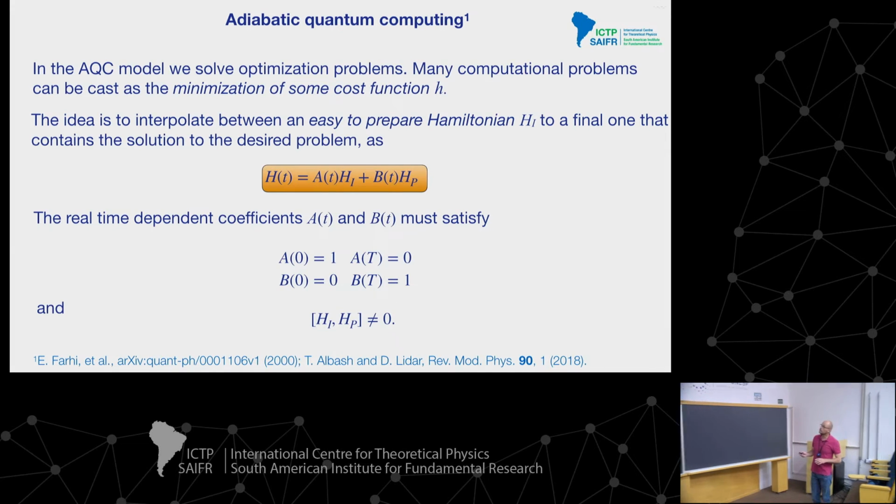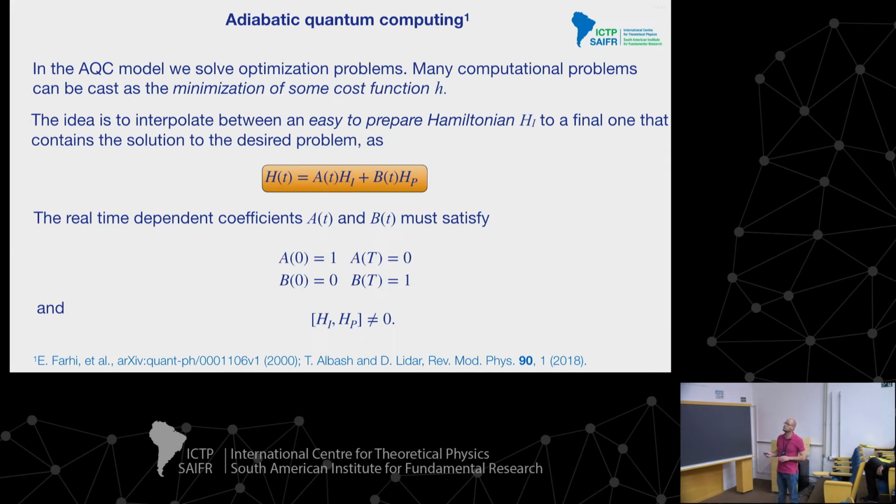The time-dependent Hamiltonian of the system, in general, this is not a rule, but in general is composed of two parts. This is the initial part and this is the final one. A of t is a time-dependent real parameter, like B. But the condition is that at the initial time, the state of the system is the eigenstate of the Hamiltonian H_I.